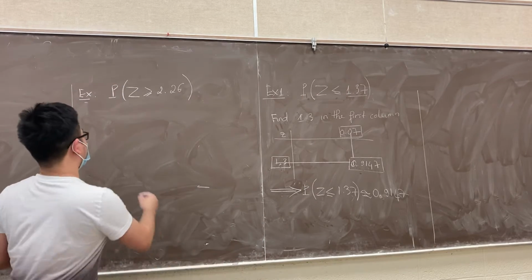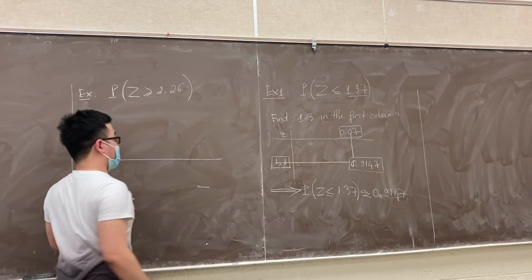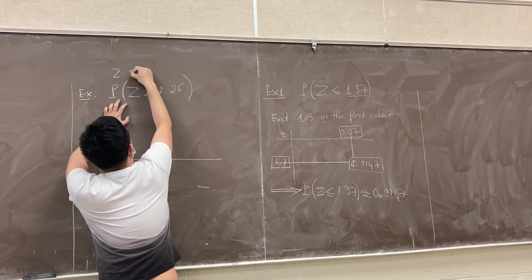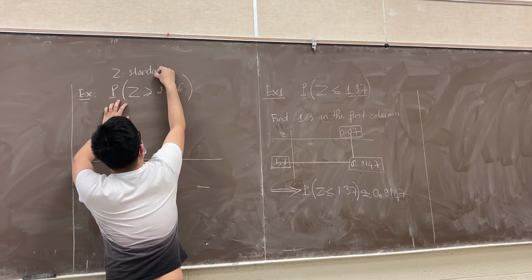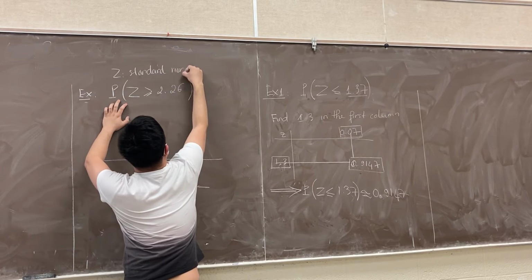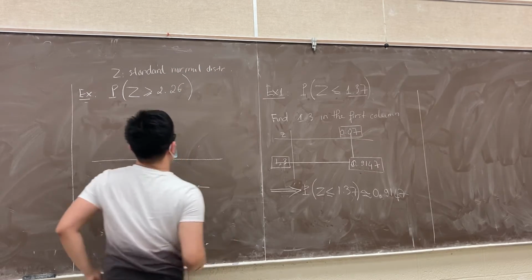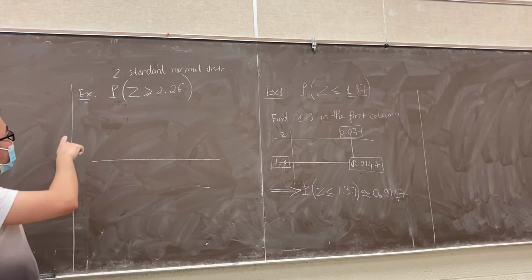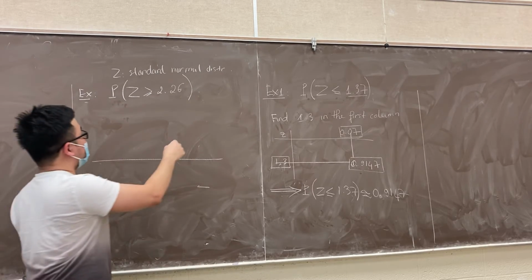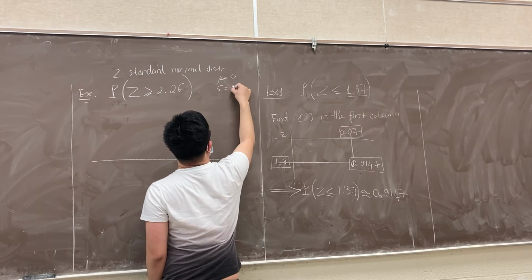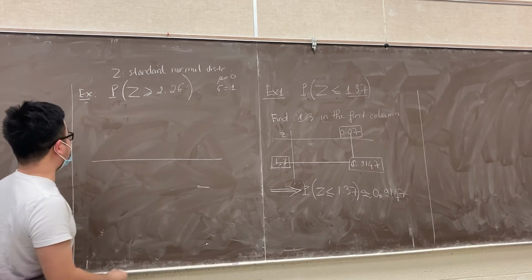So I will draw a picture for this. Z here is the standard normal distribution. When I say Z is standard normal distribution, you should know that mu here is 0 and sigma is 1. Remember that.